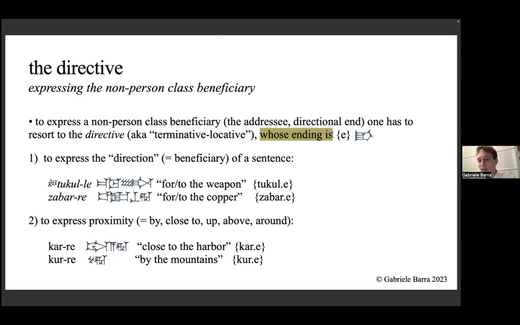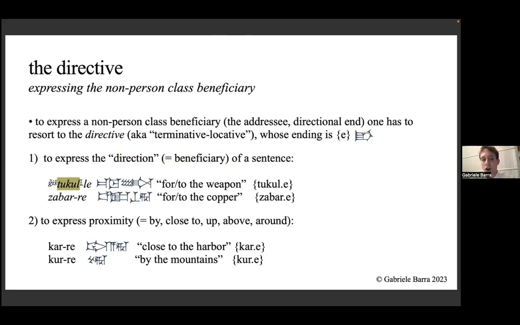Its ending is a, so very much different from dative ra. And so let's see what the two functions are. The first is to express direction. So basically the beneficiary of the sentence.